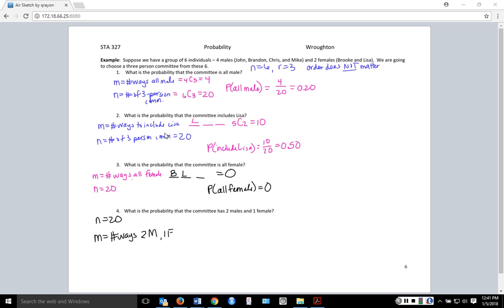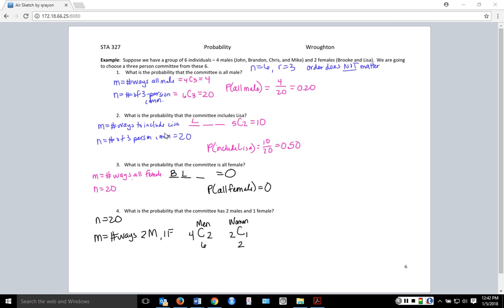Alright, so let's first focus on the men. How many men are there? 4. How many of them do I need? 2. Order doesn't matter, and me picking them. Same thing for women. How many women are there? 2. How many do I need? 1. So this is 6, and this is 2.